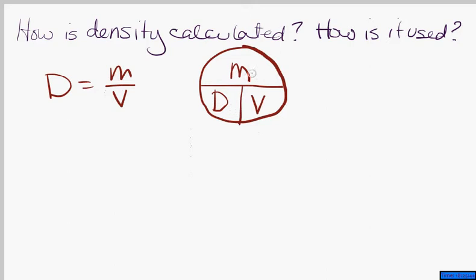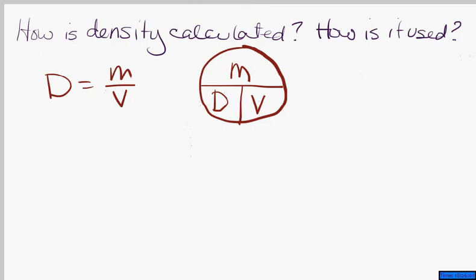If I want to solve for mass, I can cover up mass and find out that my formula is density times volume. So that right there is a great way to remember the formula for density because it helps to manipulate the formula and you don't have to do as much algebra.